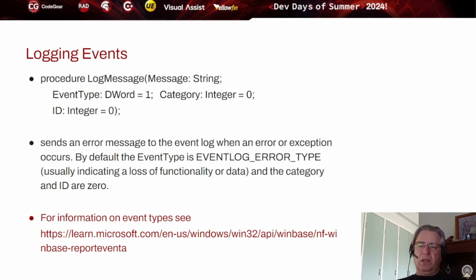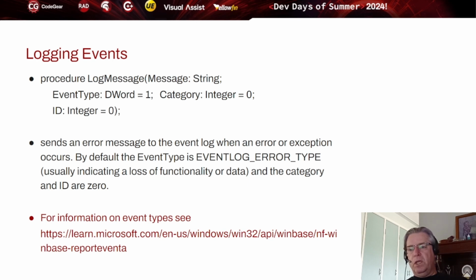The second parameter is the event type, which basically tells you whether or not it's an error event, a critical event, a warning, informational, auditing, or whatever else. By default, the event type is an error type, so you may be setting that, unless you have written your own functions to say information message versus warning versus whatever else.